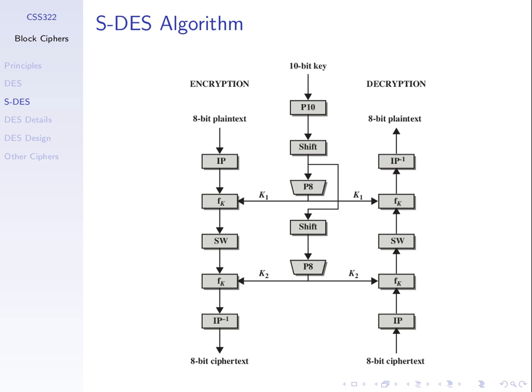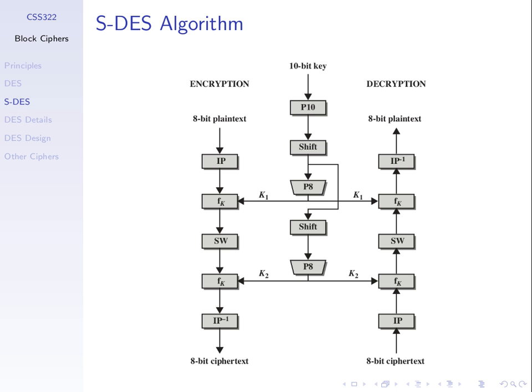P10 means there's a specific arrangement of 10 bits. So the way that we read the diagram, 10 bits come in, we rearrange 10 bits in some specific order. A shift, in our case, is going to be a left shift on those bits. We take the 10 bits, shift them all left, and of course, one bit will wrap around and be moved to the end.